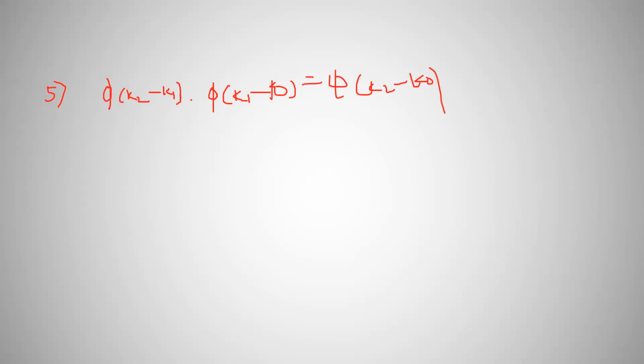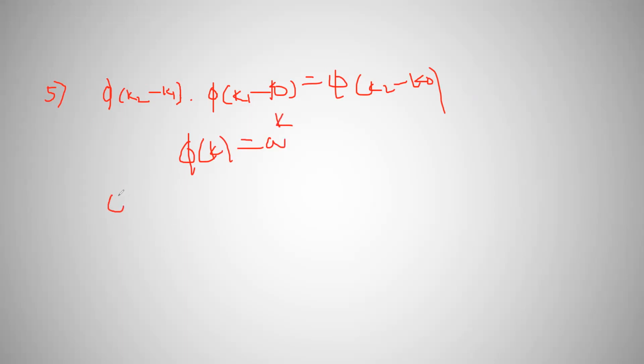And the last, fifth property is phi of k2 minus k1 into phi of k1 minus k0 is equal to phi of k2 minus k0. Phi of k is A power k.